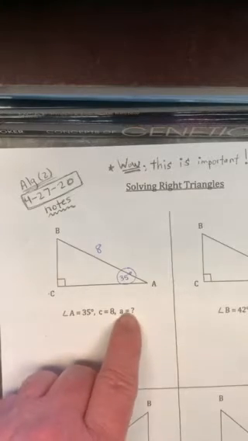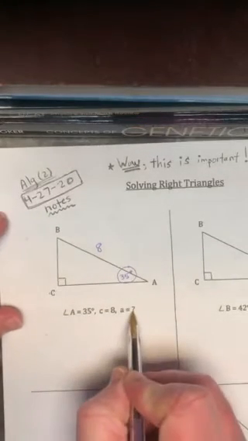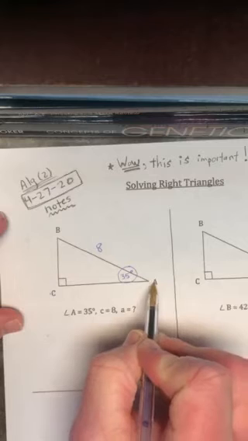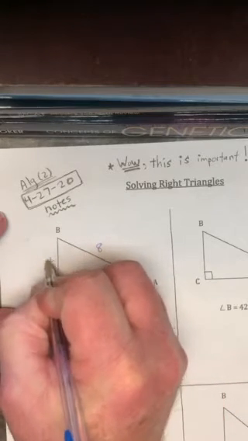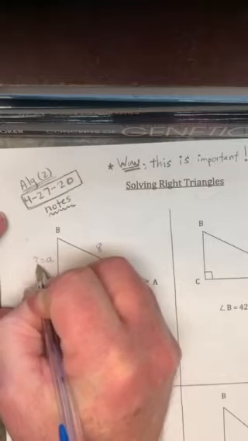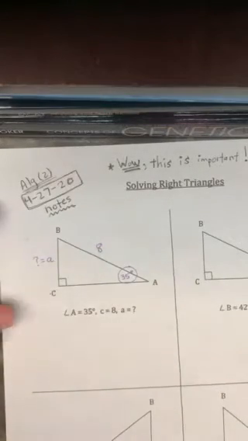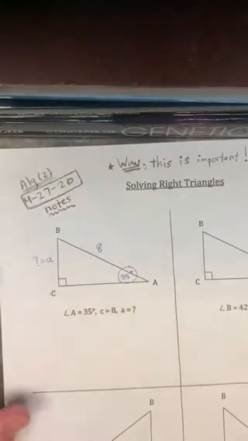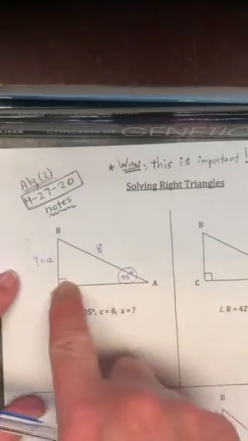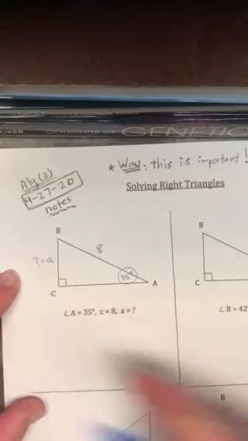Across from angle A, is my question mark. So guys, here's angle A. So across from him, side A equals question mark. So I've correctly and accurately labeled my picture, and our job is to figure out how tall is that missing side on that picture.